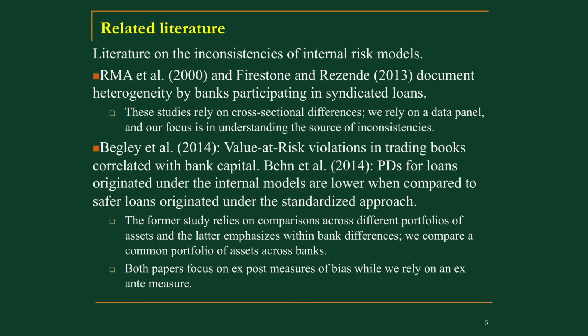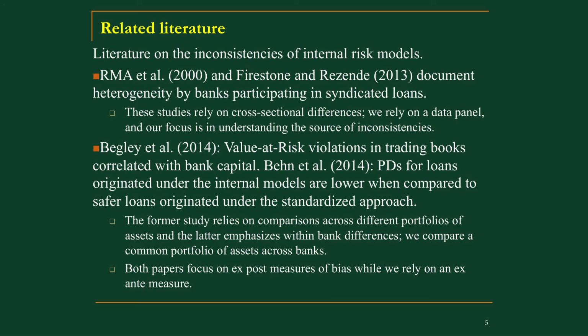Now, vis-a-vis this, the former relies on comparison across different portfolios or different banks, and the latter emphasizes within-bank difference. So we have a much tighter setting where we can look within a given loan. So it makes it a better comparison. The other one is that both papers, particularly the first one, not as much as the second, focus on ex-post measures of risk.